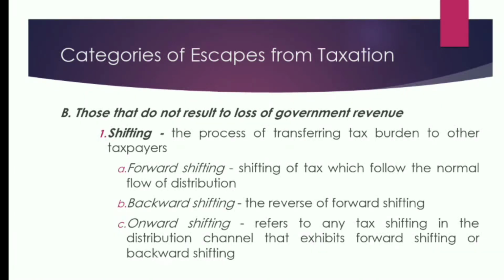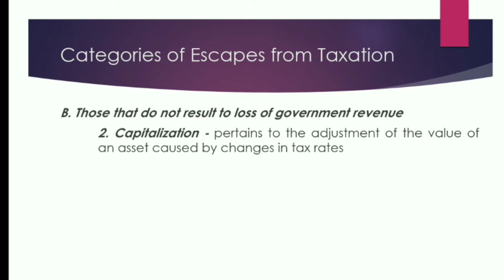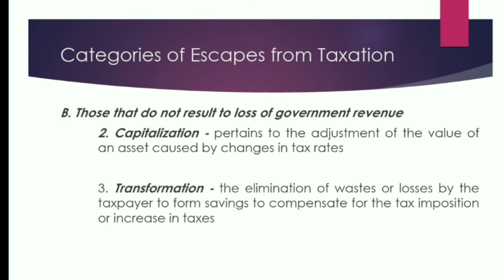Number two, we have capitalization. This pertains to the adjustment of the value of an asset caused by a change in tax rates. And number three, transformation. This pertains to the elimination of waste or losses by the taxpayer to form savings to compensate for the tax imposition or increase in taxes.